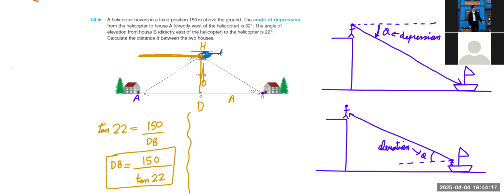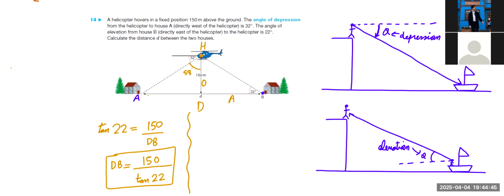If this is completely horizontal and this is completely vertical, then logically this has to be 90, shouldn't it? If this is 90 and we know a part of it, we can find the rest of it, can't we? So what is this angle going to be? 58 degrees. Good. Now we know two things.